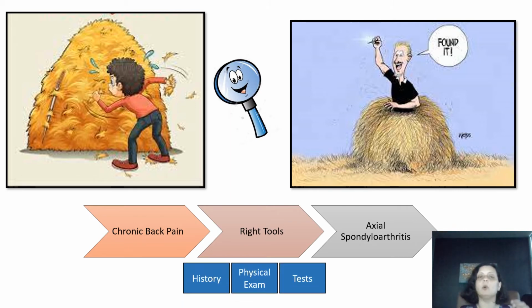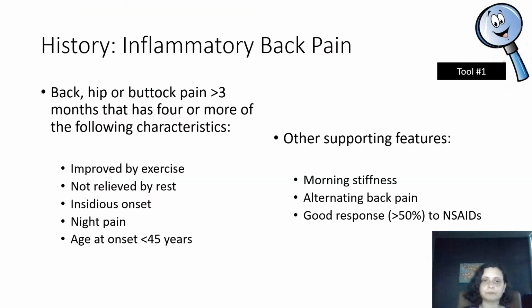Okay, so there is this heap or stack of people with chronic back pain, but to find axial spondyloarthritis, you need to have the right tools. And the right tools are nothing else but history, physical examination, and some tests that we are going to talk about. So our tool number 1 is taking a good history for inflammatory back pain.